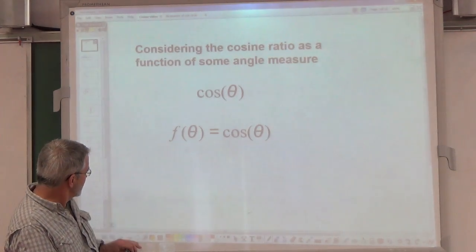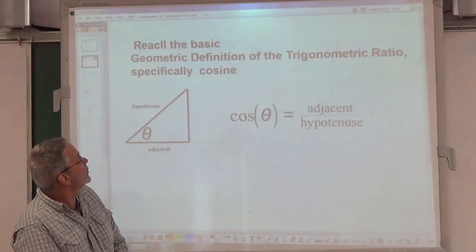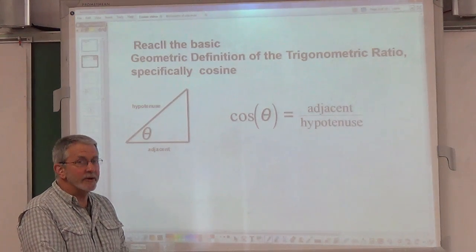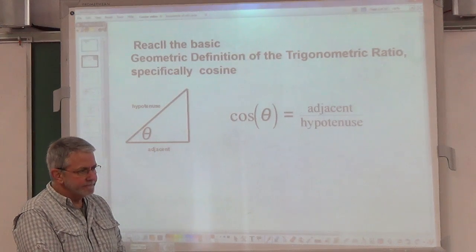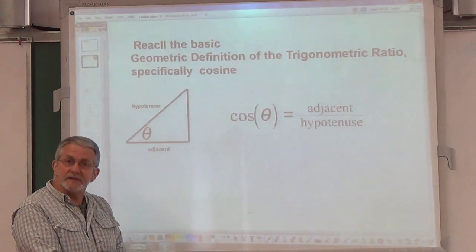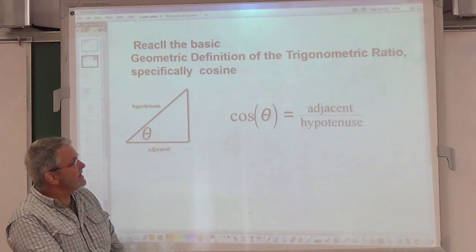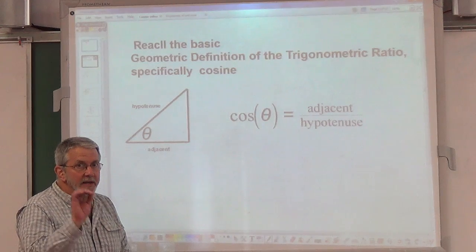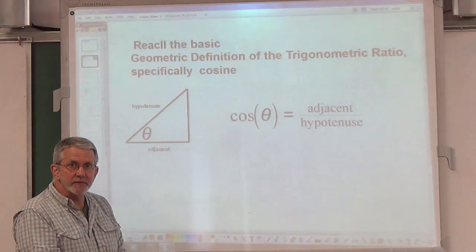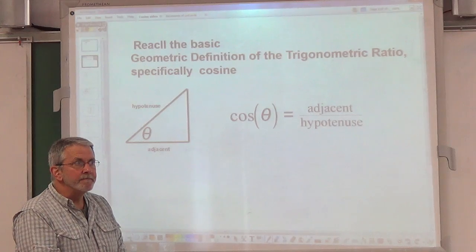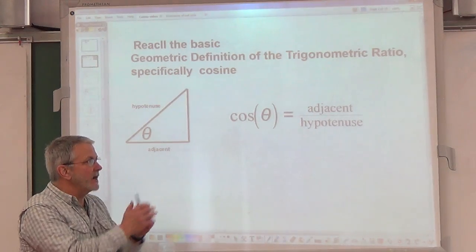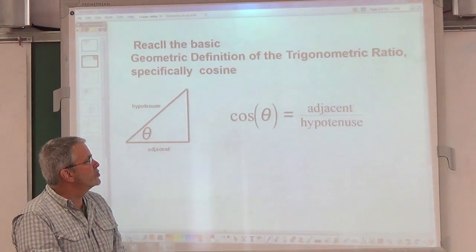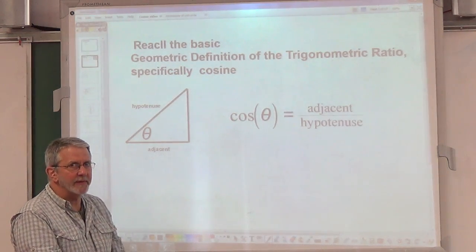But let us begin by recalling the basic geometric definition of the trigonometric ratios. Very important. Learn this in geometry. But today we're only going to talk about the cosine. I'm going to let y'all do your sine graph yourself, and to make the conversion from your sine ratio to a sine function and the graph of the sine function, which you should be able to do following this discussion about the cosine.